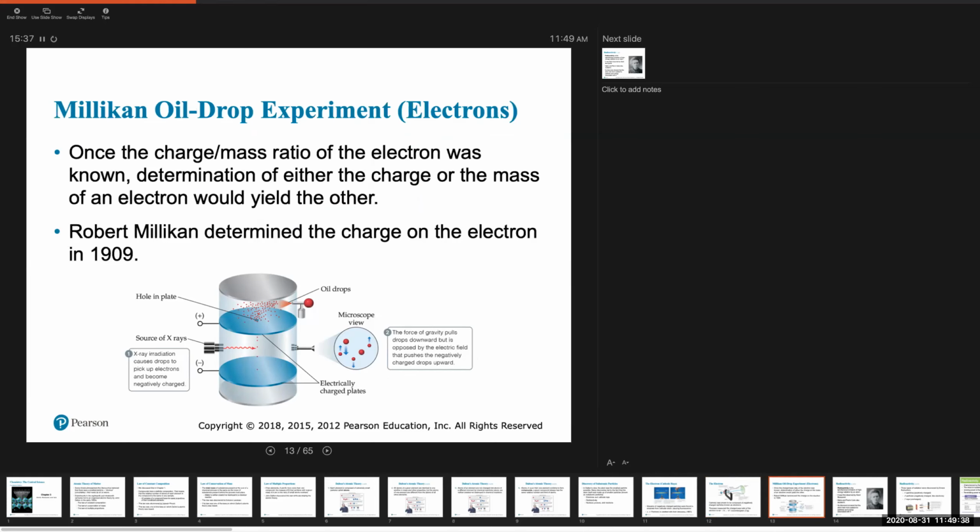I'm not going to go into it. But the big takeaway here is that Millikan determined the charge of the electron, and so that's where the negative charge comes from. Since he figured out the charge, then we could go back and apply it to that charge to mass ratio to then say what the mass is.